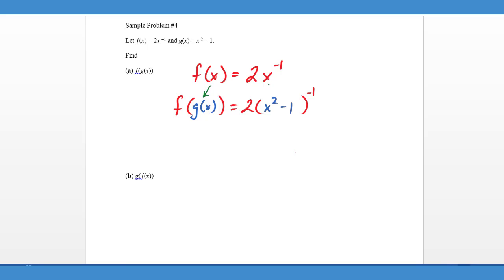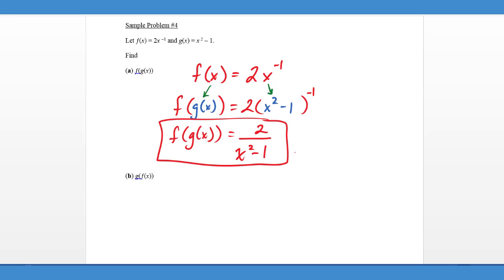So every place that there's an x in my original function f of x, I'm going to replace it with the entire function of g of x. You can see that take place. Then from there I would simplify, and that is our composite function.